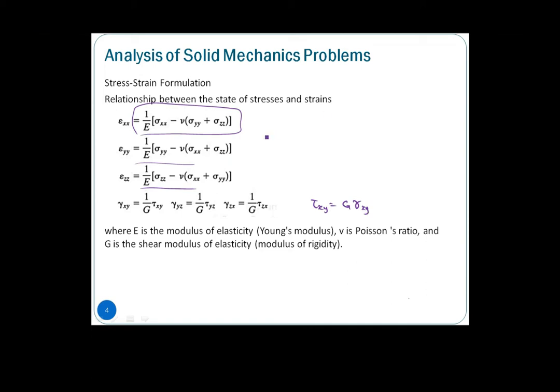Same with here, we have our sigma x equals E epsilon x in one direction. But in this particular case, in a three-dimensional state of stress, our epsilon x is not purely determined by sigma x itself, but also has some contribution from y and z itself.